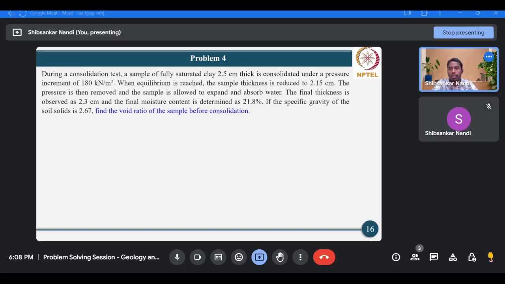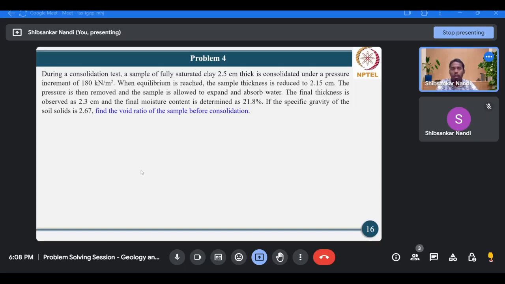The pressure is then removed and the sample is allowed to expand and absorb water. The final thickness is observed as 2.3 centimeter and the final moisture content is determined as 21.8%. If the specific gravity of the soil solids is 2.67, find the void ratio of the sample before consolidation.